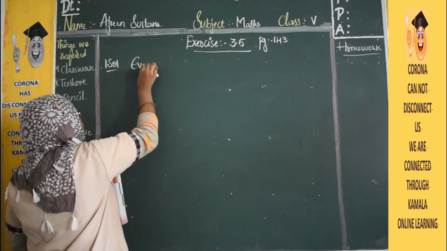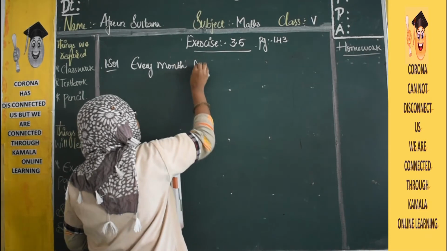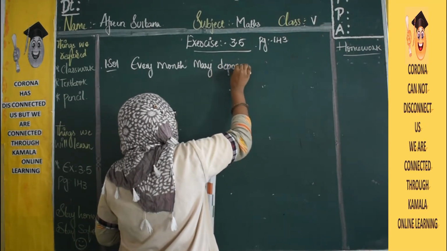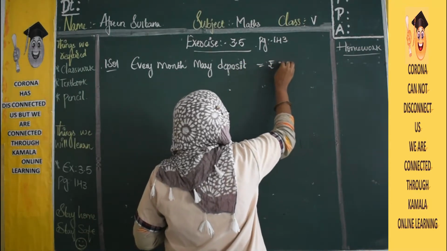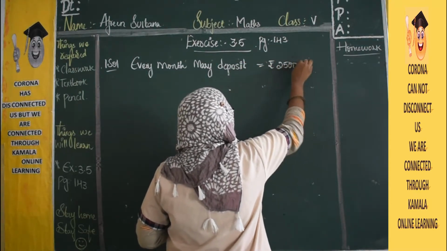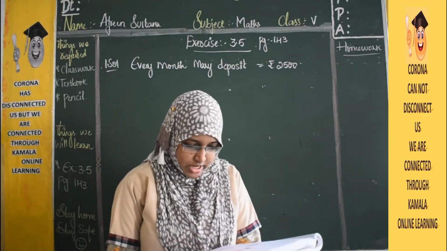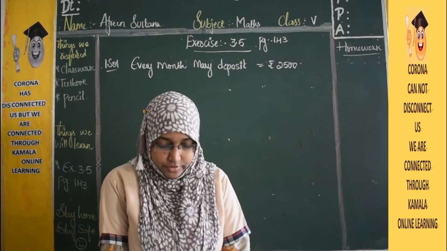Every month Mary deposits rupees 2,500. What is the next thing they have given? How much money would she have deposited in 15 months?